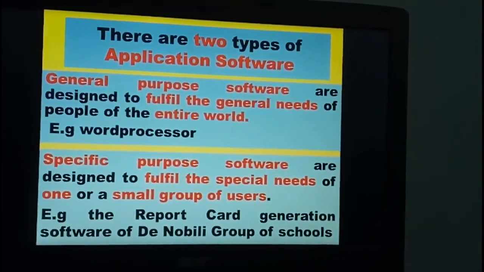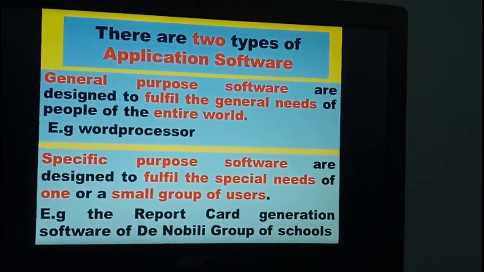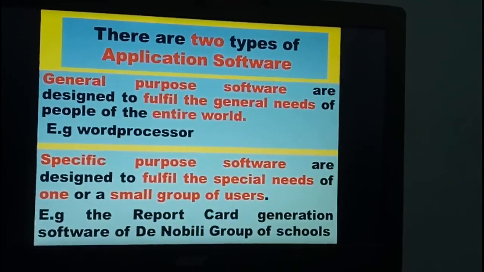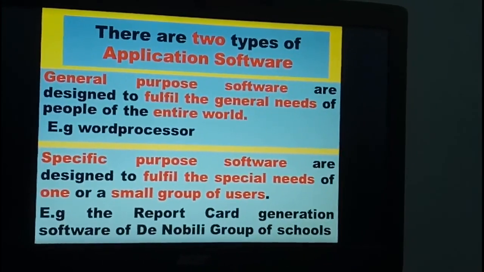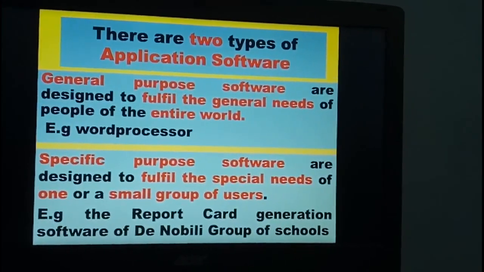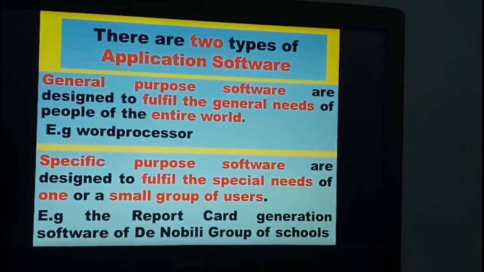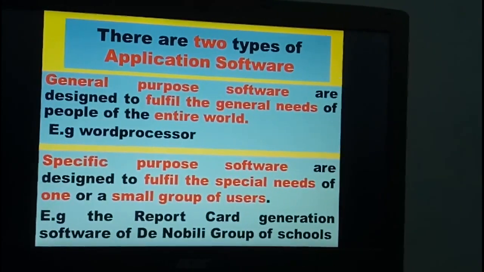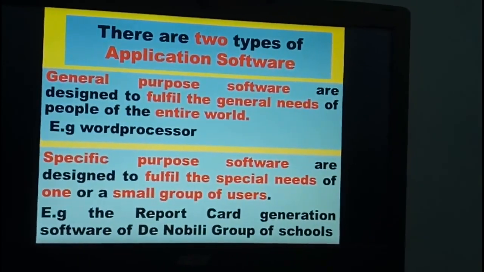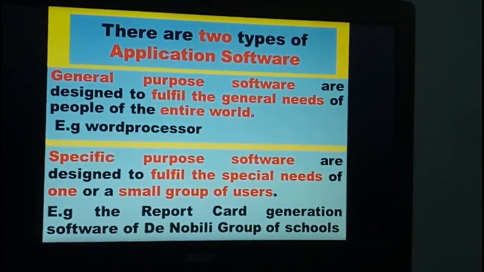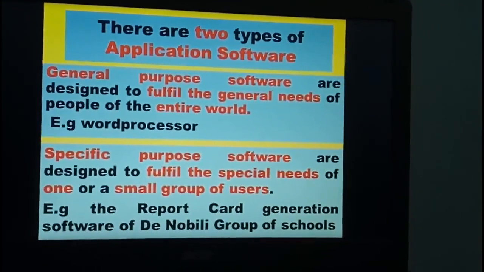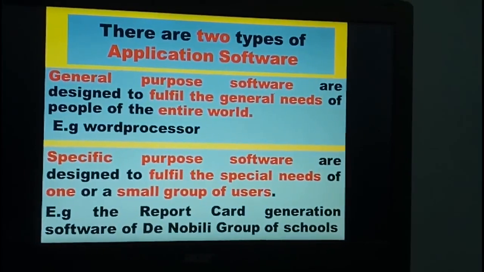Why? Because this software is used for preparing and printing the report cards of our school. And our system, our grades, or the number of subjects, the type of subjects, the grouping of subjects, the honors system, these are all unique for our school. So other schools don't have the same system.